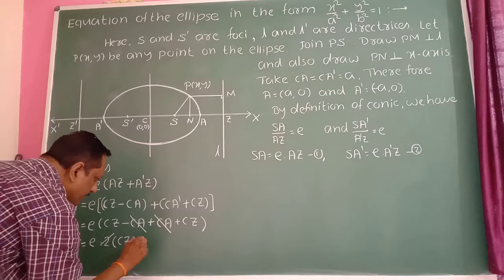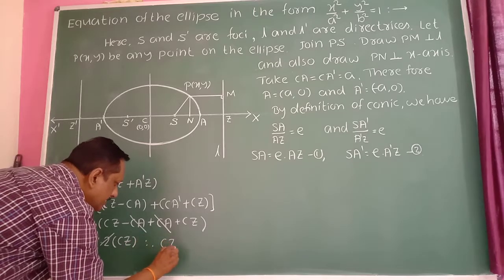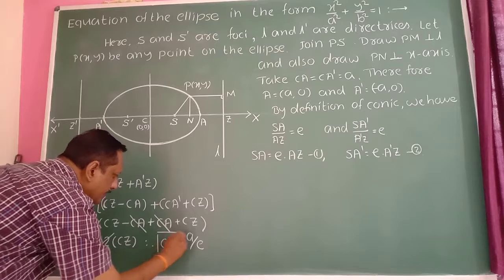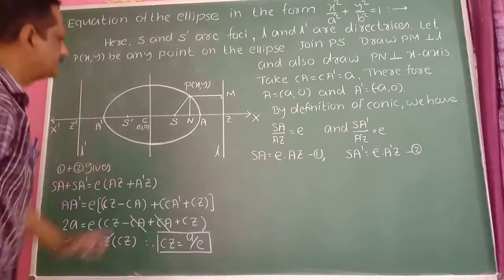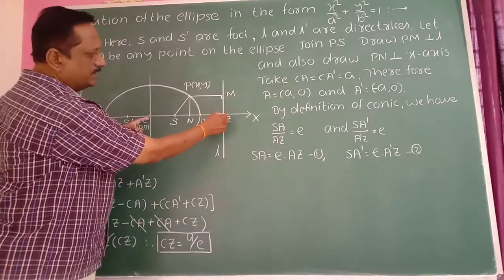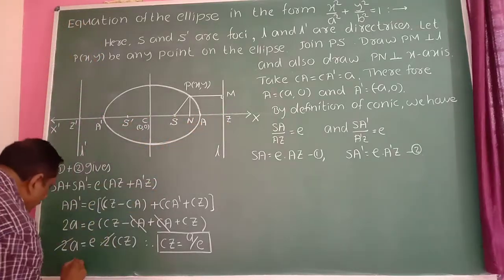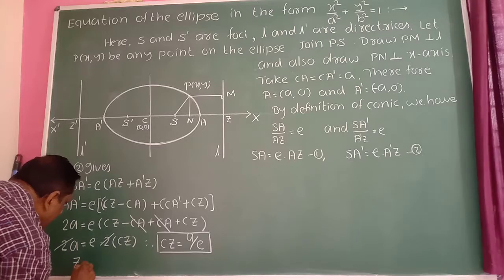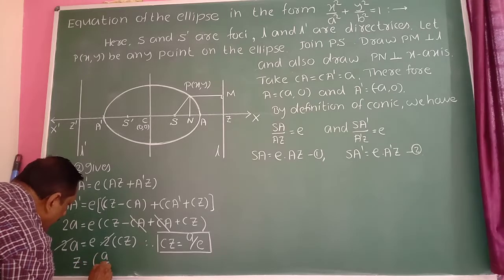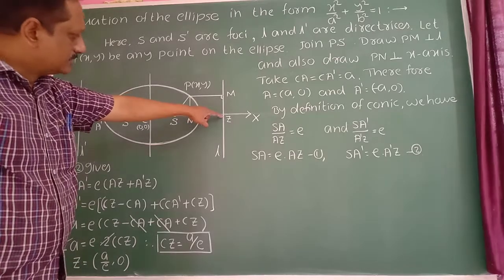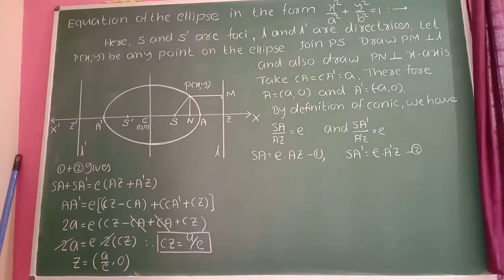Therefore CZ is equal to a divided by e. CZ means this distance. The point Z lies on the x-axis, so the coordinate of Z becomes a upon e, comma 0.